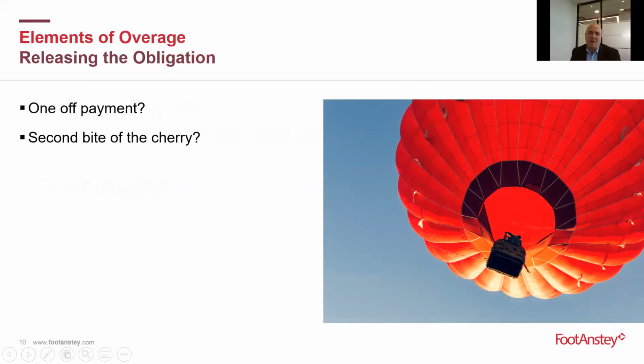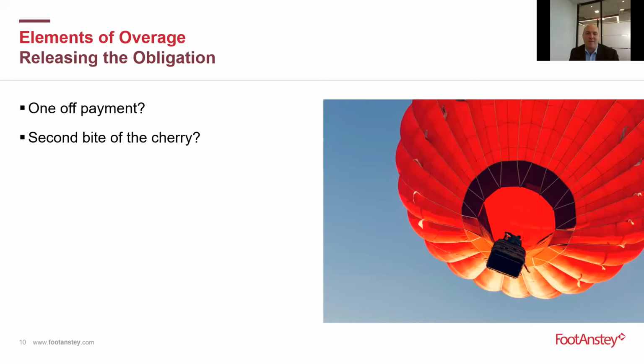Moving on to other key elements of an overage clause. Just a quick one here: will making the payment release the obligations? Sometimes an overage payment will be a one-off payment arising from a single event, in which case payment will or should release the obligation. However, the overage payment may also continue even once an overage payment has been obtained. A classic example would be an improved planning permission.